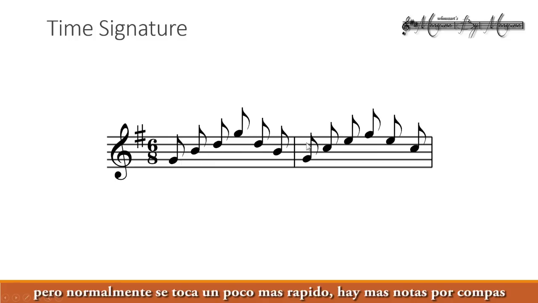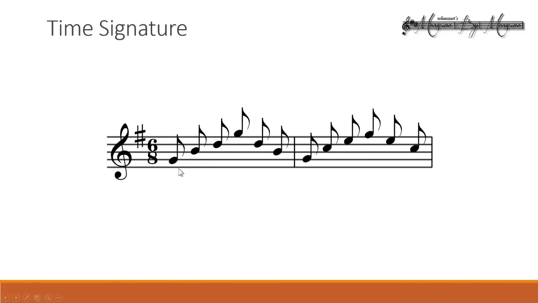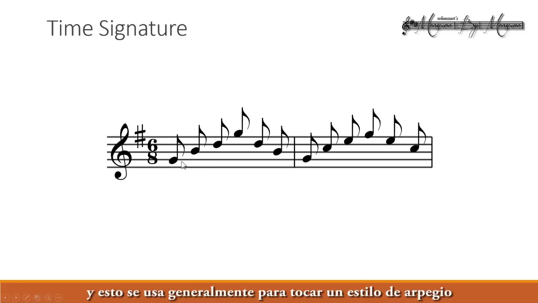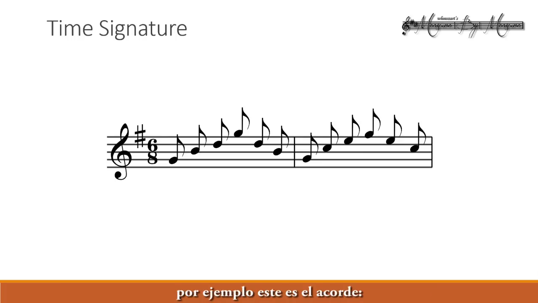There are more notes in a measure. And this is generally used to play arpeggio style. An arpeggio is a chord that's being played note by note. Like, for example, this is the chord, and I'm going to play those notes.